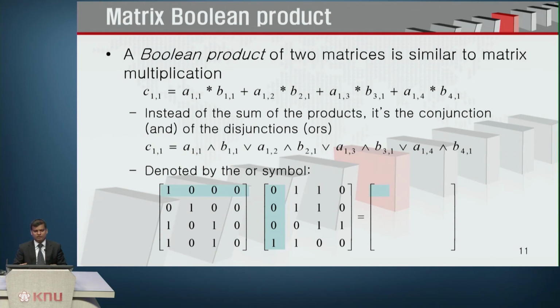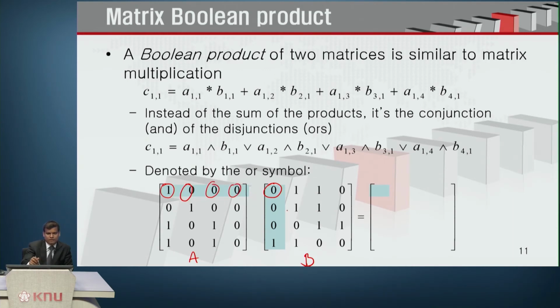For example, consider this as the A matrix and this as the B matrix. A11 represents this element here and B11 represents this element here. So with this thought, you can see this is A11 and this is A12, this is A13, A14.